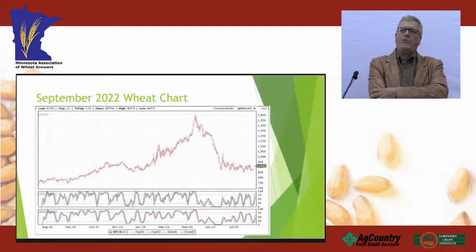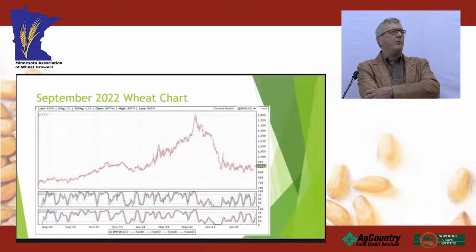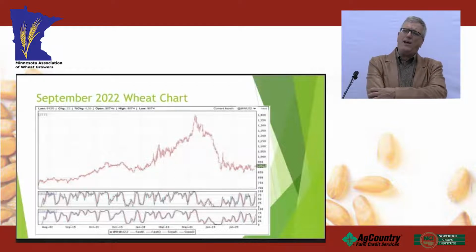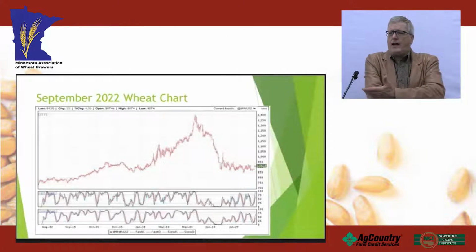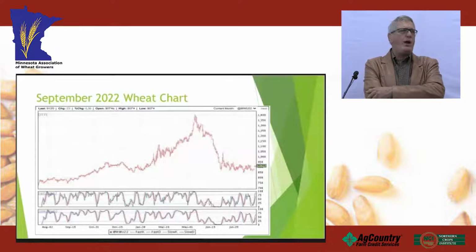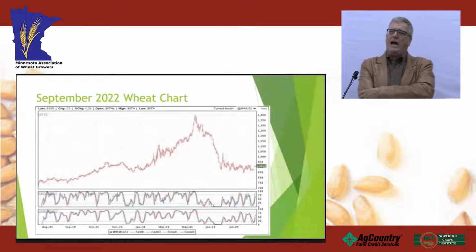In this particular case, I've got a technical study at the bottom of this graph that we're taking a look at. That tail end of the graph to the right-hand side is the last 2 to 3 months, where we're in this sideways pattern after the prices have dropped. And we're looking at both slow and fast stochastics.